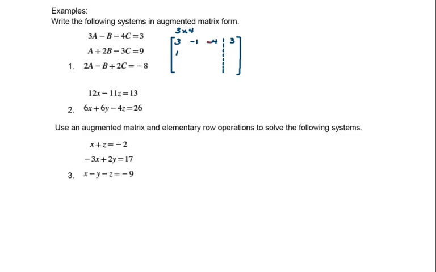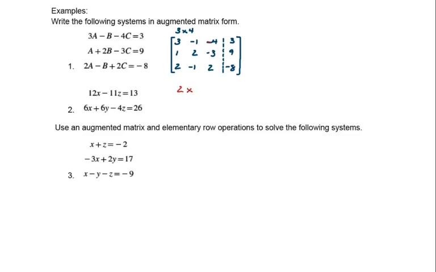So then our second row is going to be 1, 2, negative 3, and 9, and our third row will be 2, negative 1, 2, and negative 8. So that's just taking a system, first ensuring that we're in standard form, or that our variables are in the same order, and then we write the coefficients and the answer in a matrix.